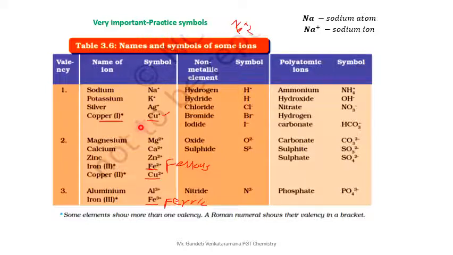That means Na plus has valency 1, meaning a sodium atom can combine with only one other atom. That is the meaning of valency. We will discuss it again. Clear? Just focus on the table, practice the table. That is very important. Okay, next.